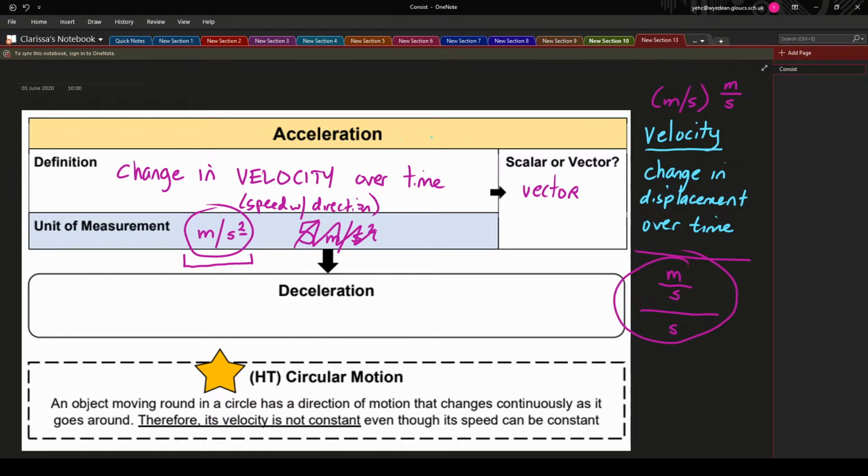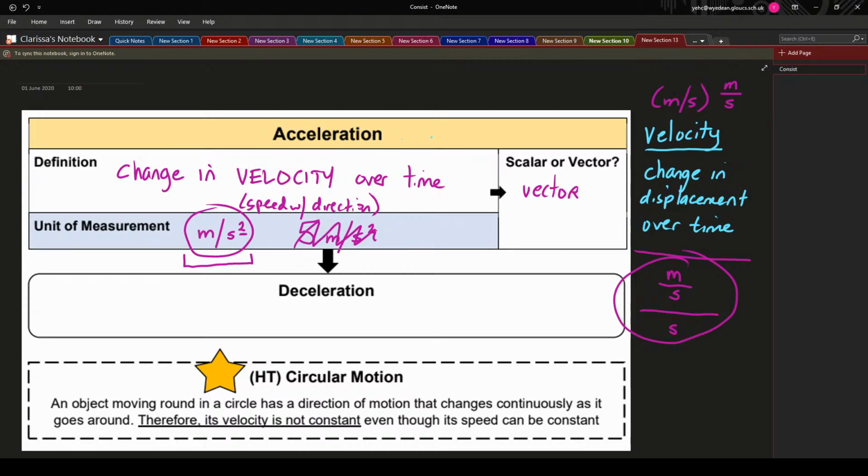But what if this change is negative? So what if you are losing velocity over time, aka slowing down? Like you started with 10 meters per second of velocity, then you ended up on 5 meters per second of velocity. Well, you slowed down then.